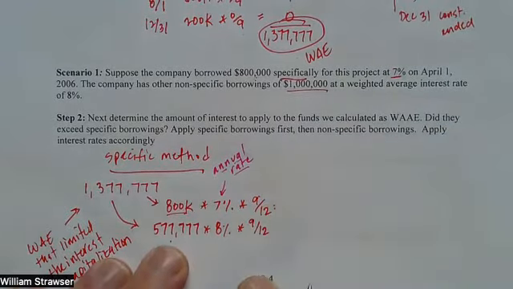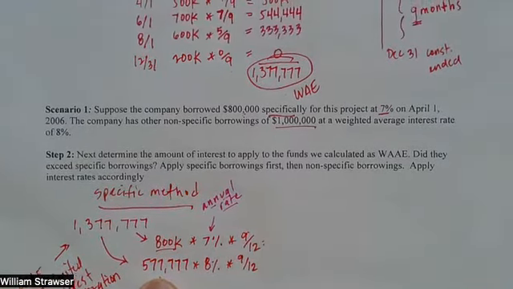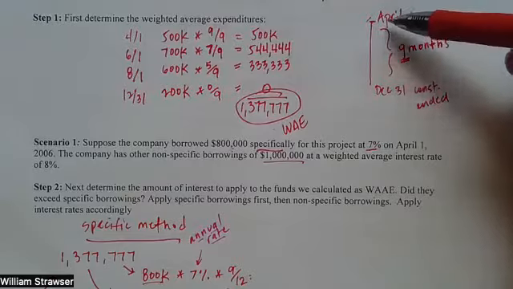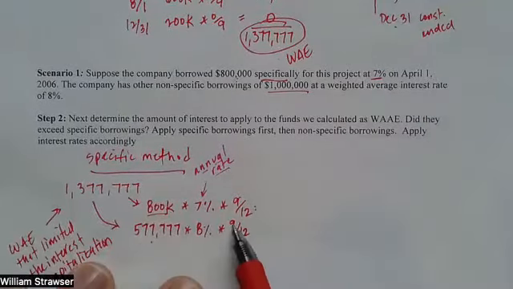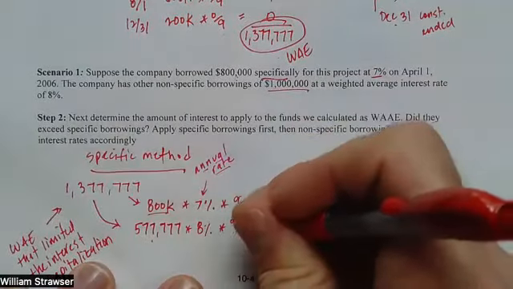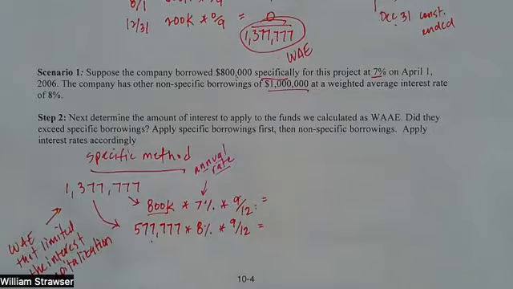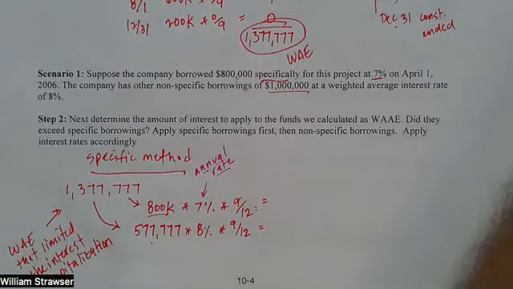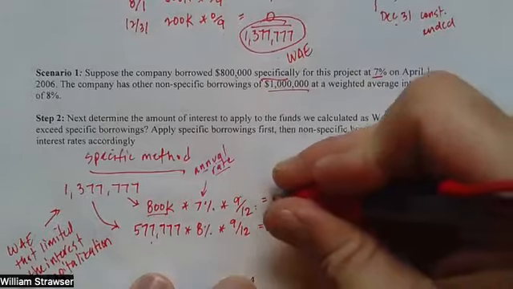This debt had been outstanding all year, but because we're limited to the construction period, we can only count 9 months of it. So we work out the math: we take the 800,000, we apply the 7%, and we multiply that by 9 divided by 12, and we get 42,000.